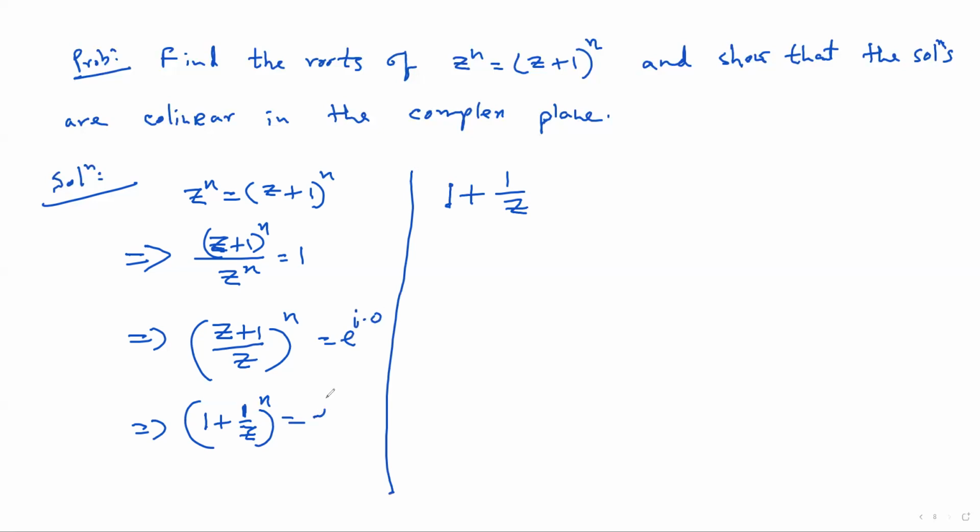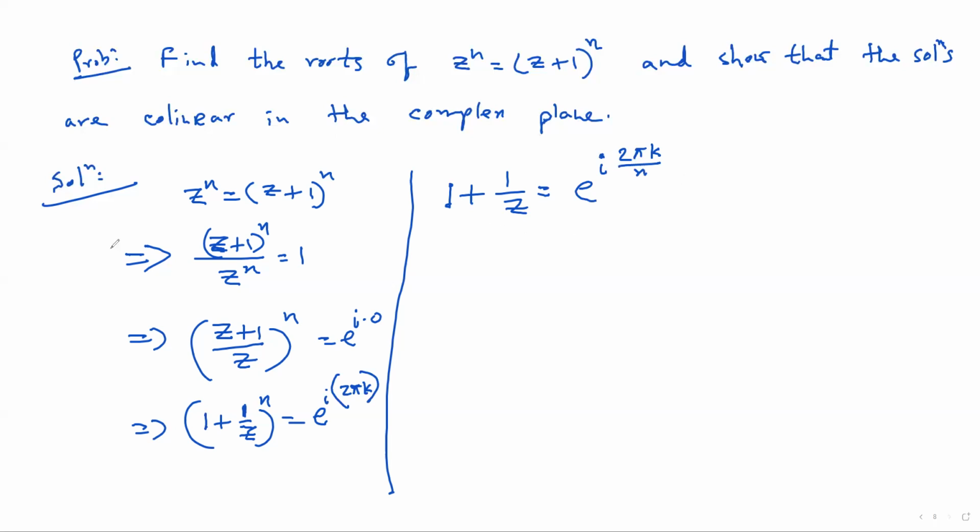And in the next line, just write 0 plus 2 pi k, right? So we do not need to write the 0 plus again, of course. So what we are doing is using the idea of finding nth roots. So here I must have 1 plus 1 by z equal to e to the power i times 2 pi k by n.